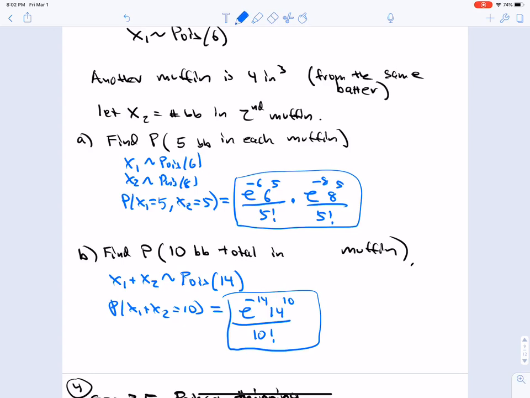Not in each, but in both muffins together. So the key here is to remember that x1 plus x2 is Poisson(14), which is 6 plus 8. And so the probability that x1 plus x2 is 10 would be e to the minus 14, 14 to the 10, over 10 factorial.